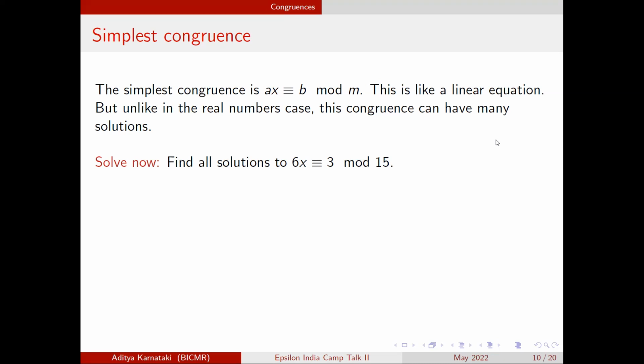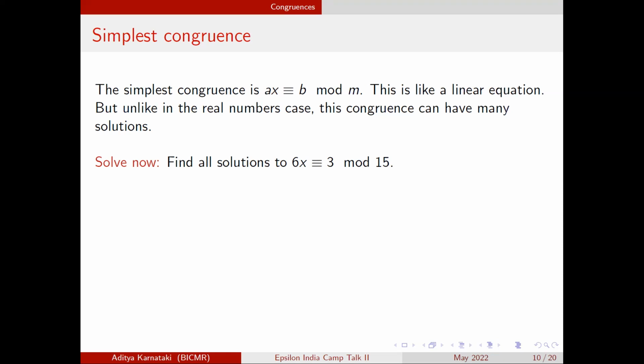Yeah, sure. So why don't we solve this question right now? 6x is congruent to 3 mod 15. Find all such x. Yeah, Raghav, yes. Sir, x will be congruent to 3 mod 15. Yeah, that is certainly one solution.